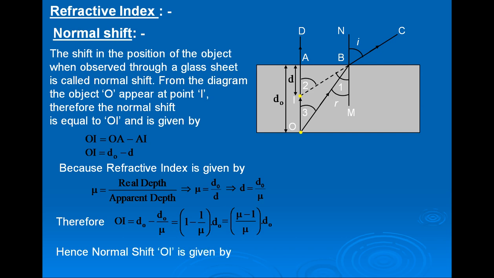Hence, normal shift OI is equal to mu minus 1 upon mu into d naught, the real depth. This is the formula to find the normal shift when an object is observed through a glass sheet.